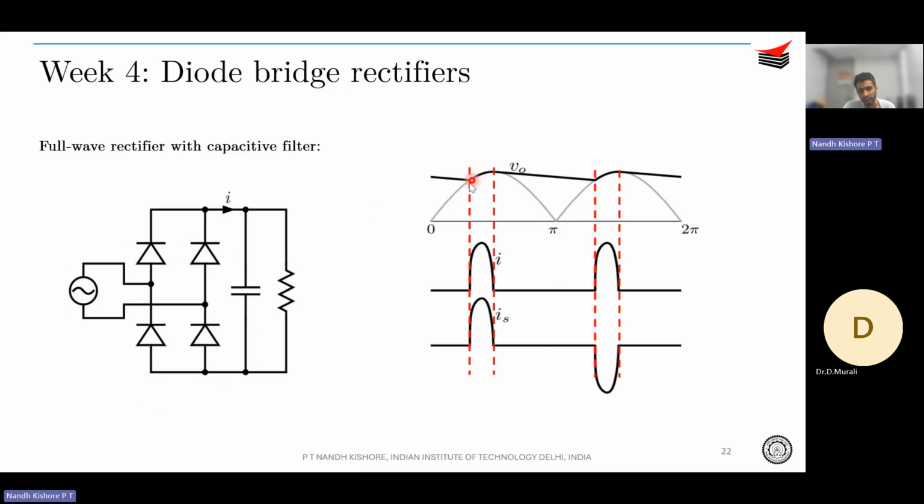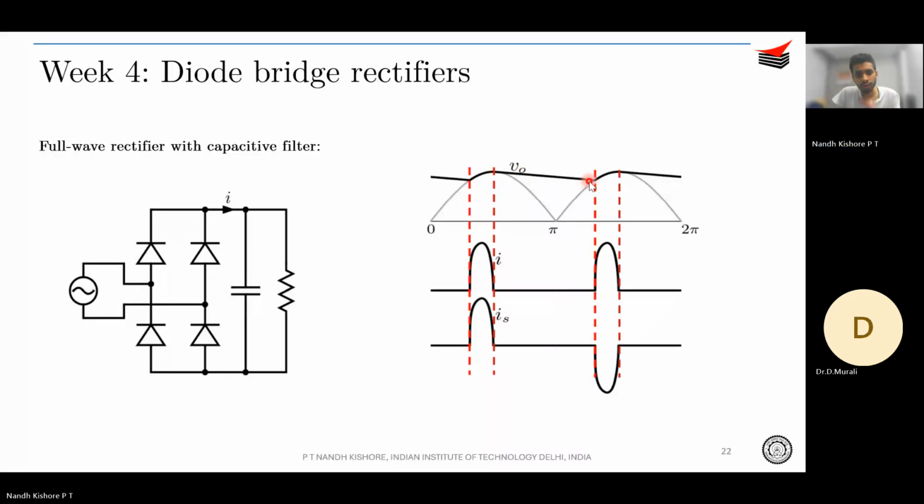That represents the interval between the two red lines. Because the capacitor is charging up, it will draw a peaky current during this interval. And when the rectified voltage goes below your capacitor voltage, the capacitor will discharge to the load and the capacitor voltage will slowly drop.